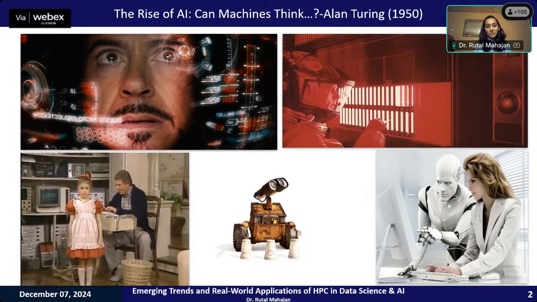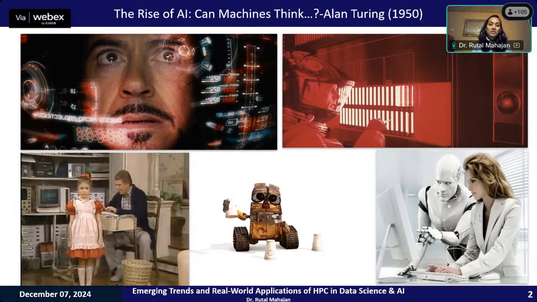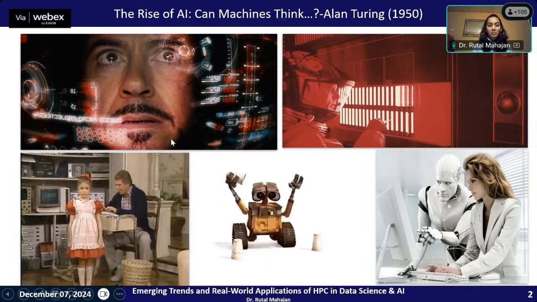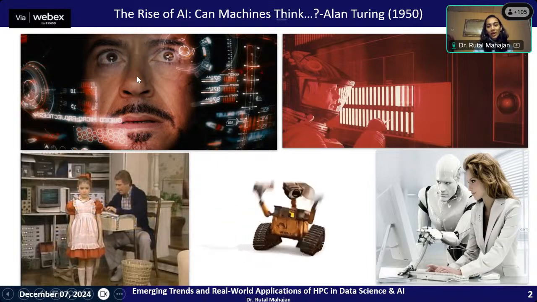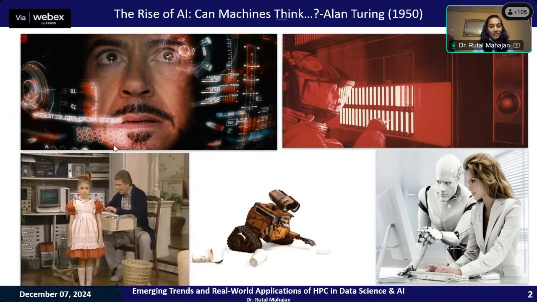Now, the pictures you are watching on this slide might be familiar to you. First one is the Jarvis of Iron Man, then the humanoid robot of the famous TV series Small Wonder, and a Wally robot, right? So these are the science fictions that we have seen many years back.